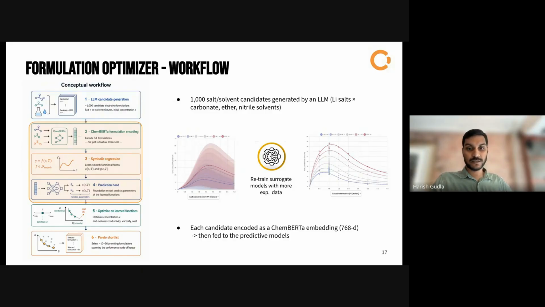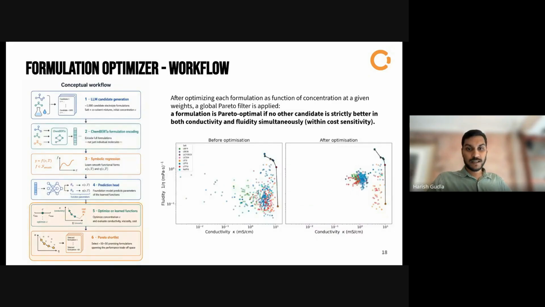Each candidate, as I mentioned, is encoded in Kembeta embedding, and it is then fed into the predictive models. Then we do multi-step optimization based on the weights, and each optimization is on concentration here, but we can also do it on the solvent compositions. So here it only optimizes for lithium salt concentration and then screens accordingly.